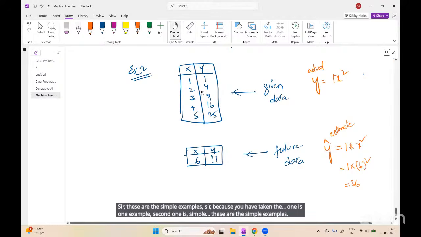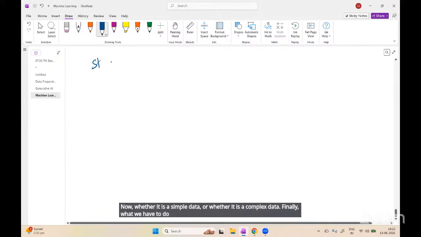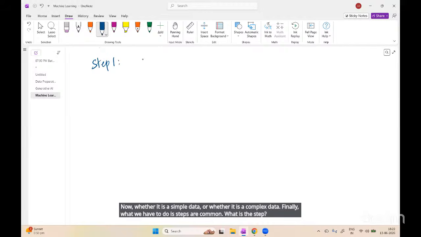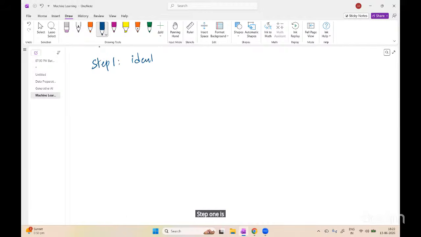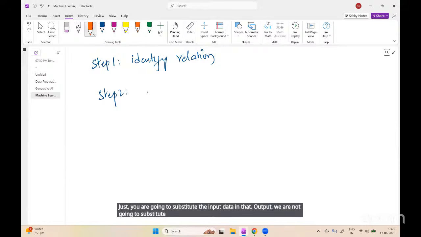Now, whether it is simple data or complex data, finally what we have to do is, steps are common. What is the step? Step 1 is identify the relation. Step 2 is substitute the future data in that. Just you are going to substitute the input data in that. Output we are not going to substitute because output only we don't know.